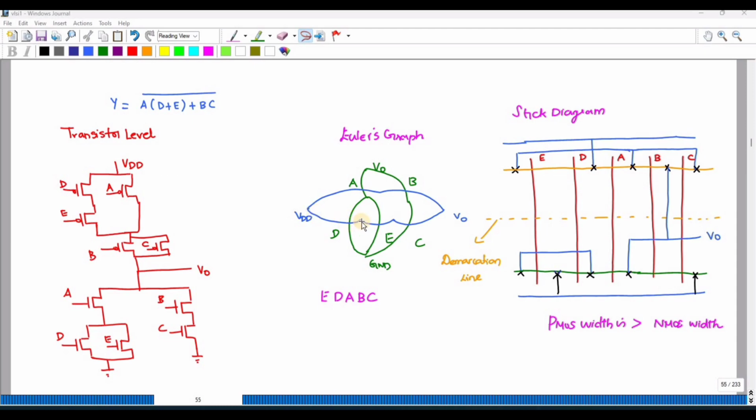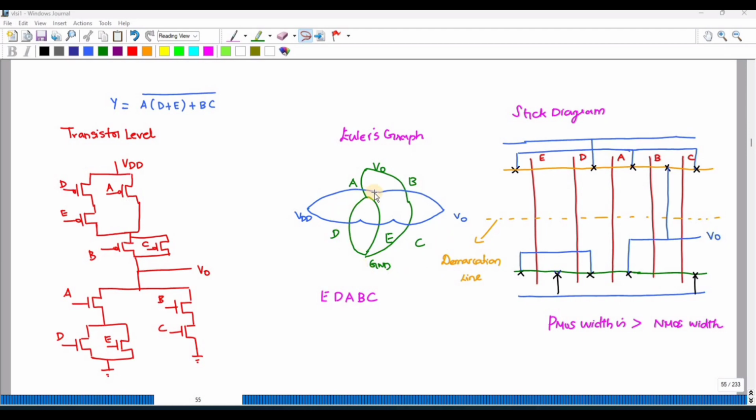You can check D, C, B, A, E. For NMOS it is correct, but for PMOS from D I can't go to C directly, right? So that path you should not select.